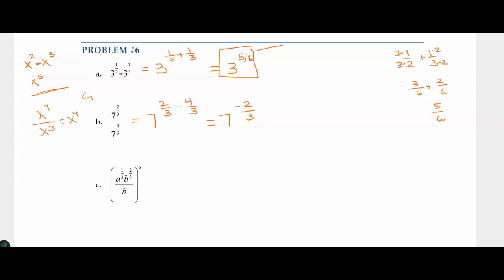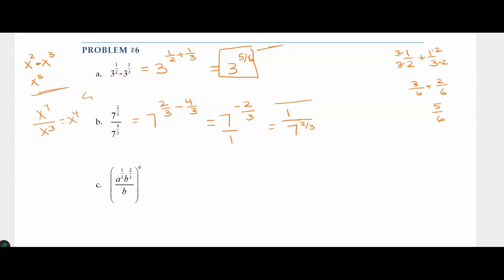Okay, but this isn't all simplified yet. One of those rules up top where I was talking about simplifying these exponents is that if it's a negative exponent, it's got to be positive to say that's all the way simplified. So again, this is like 7 over 1. That negative exponent's telling me I need to flip it. So I've got 1 over 7. And now 7 is going to be raised to the positive 2/3 power, not negative.